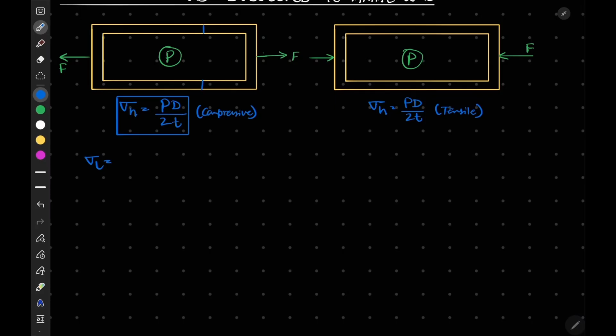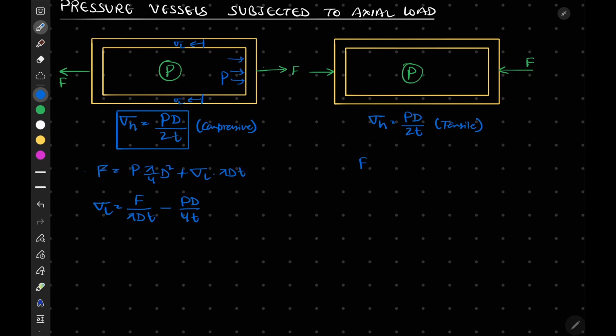Sigma L will act in this direction, this is the sigma L, and this is the pressure P. If we equate the forces, we write this F. Similarly here, on this section the pressure P will be like this, and again let's take sigma L in a similar fashion as earlier.